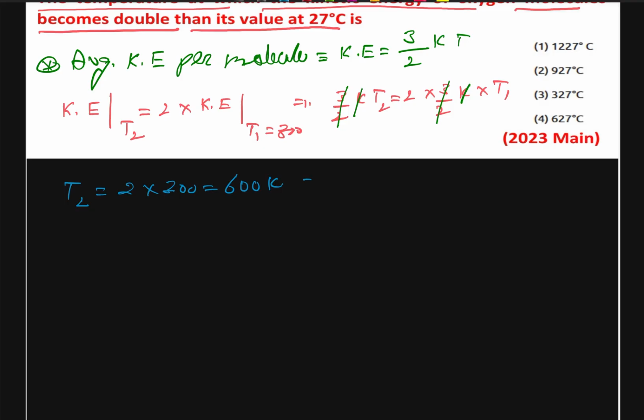And in terms of degree centigrade, we can say that our T2 will be equal to 600 minus 273, which gives us 327 degree centigrade. So option 3 is correct.